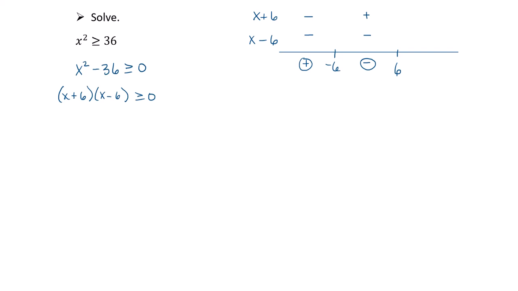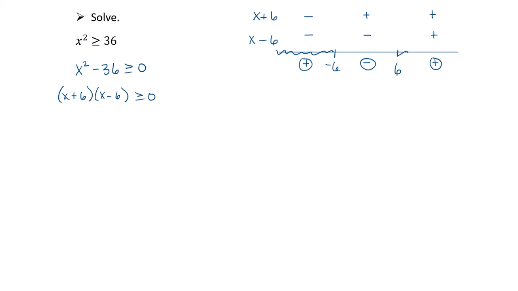Let's try 7. 7 plus 6 is positive. 7 minus 6, also positive. And we have no negative signs, so this is a positive interval. All right, what kind of intervals do I want? I want greater than, equal to 0 types of intervals. That means positive intervals.